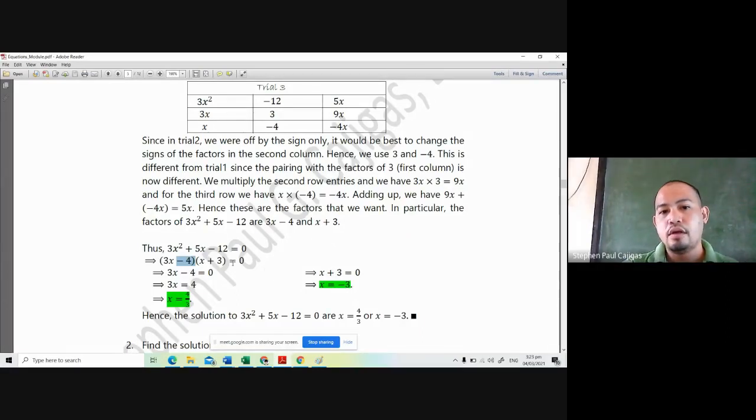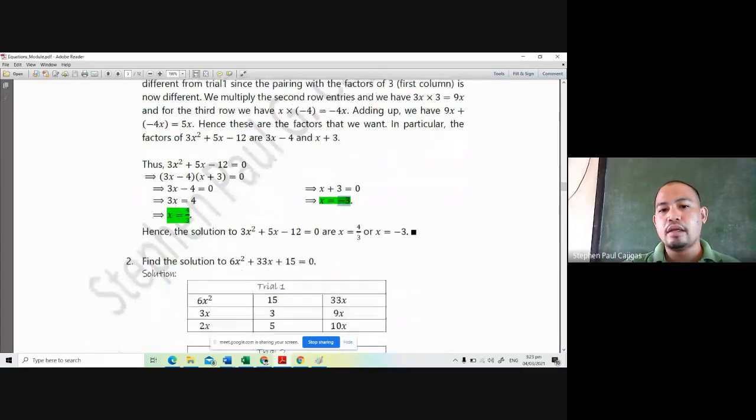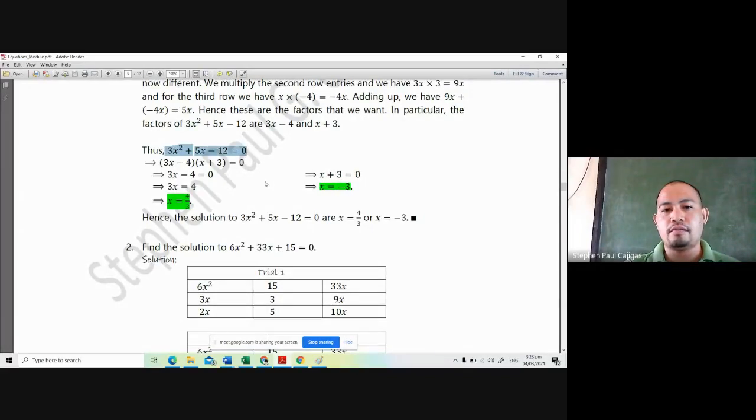At the same time, if x plus 3 becomes 0, whether the other factor is positive or negative, if you multiply it by 0, everything is equal to 0. So something times 0 is still equal to 0. So whether the value is 4/3 or negative 3, when you substitute it here, it will always be equal to 0. So those are the two solutions for this quadratic equation.